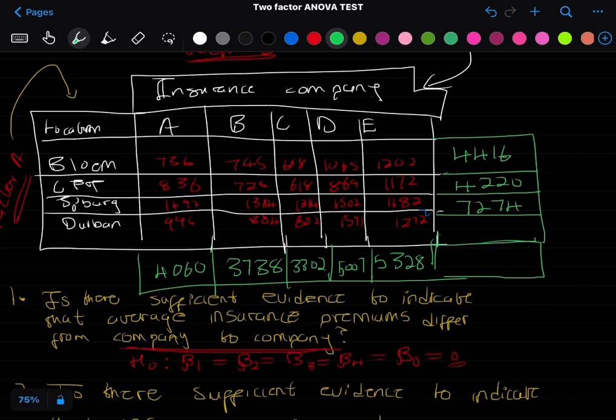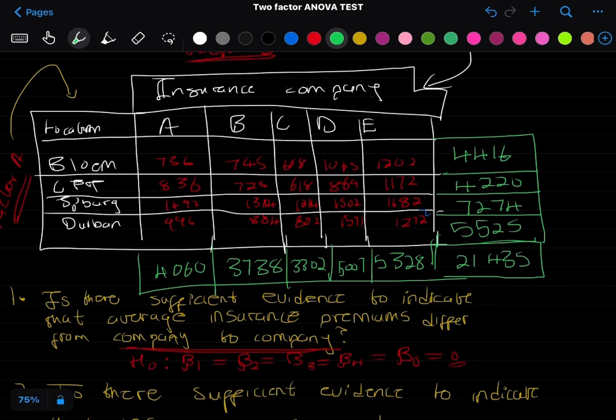The last one, 996 plus 884, sorry, plus 802 plus 1571 plus 1272, which is 5525.